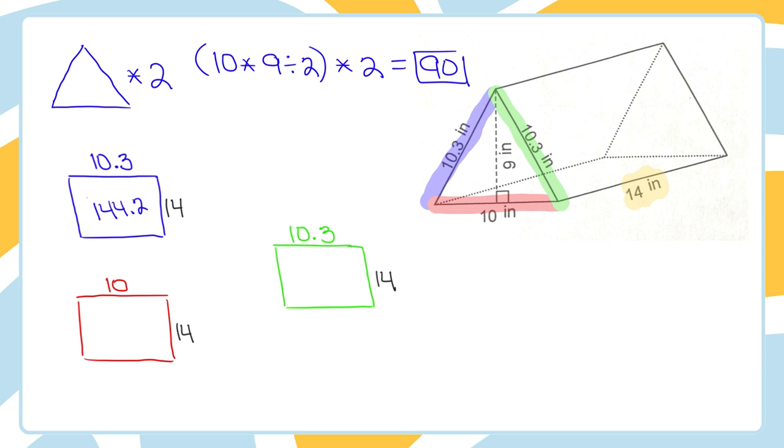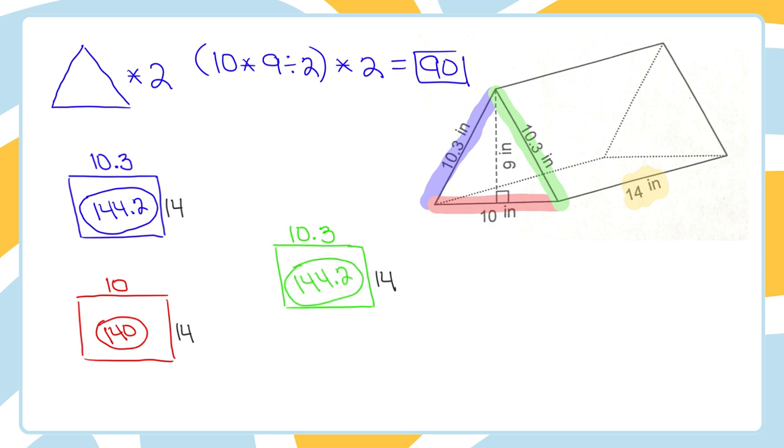So I'm just finding the area of each rectangle now. My one that I've got marked red is 10 by 14. 140. And the one that I've got marked green is another 10.3 by 14. So, correct? You just add them together.